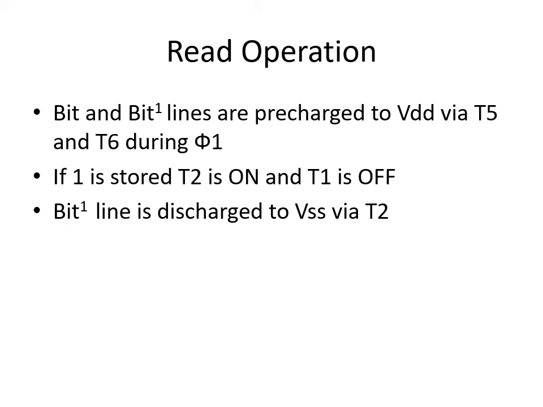So if 1 is stored, T2 is on and T1 is off. So here the bit bar line is discharged to VSS via T2. The data is read through the T3 and T4 transistors. That is how the read operation is carried out, and the bits are available through the IO bus lines.